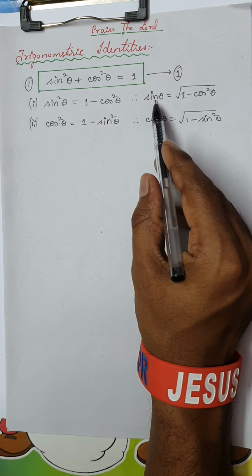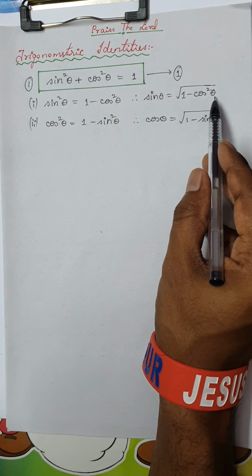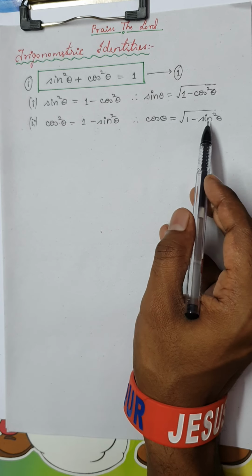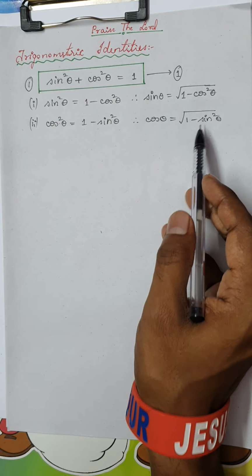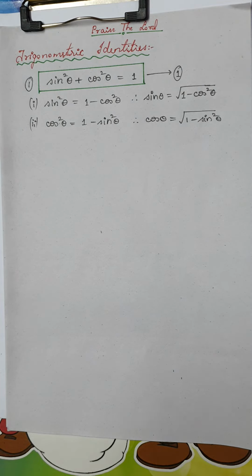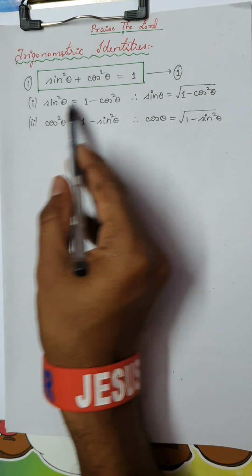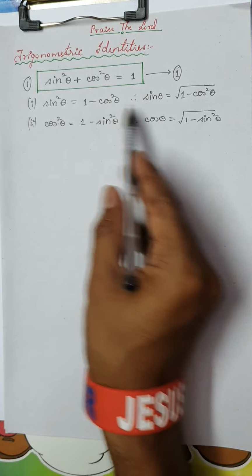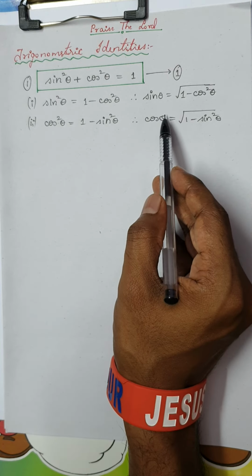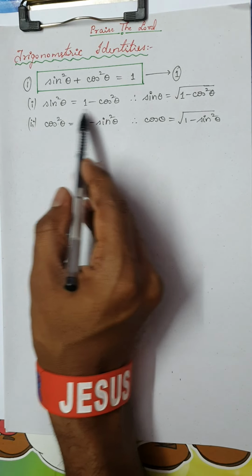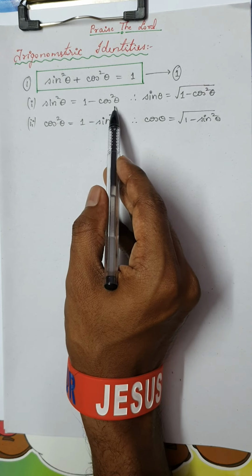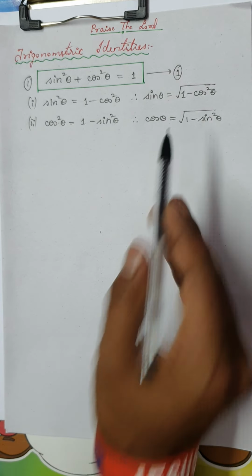So if you want sine in terms of cos, it is root of 1 minus cos square. If you want cos in terms of sine, it is root of 1 minus sine square. That's all. So this first trigonometric identity, usually we represent in only these two ways. Sometimes we use this only: sine square theta can be written as 1 minus cos square theta. Please remember.